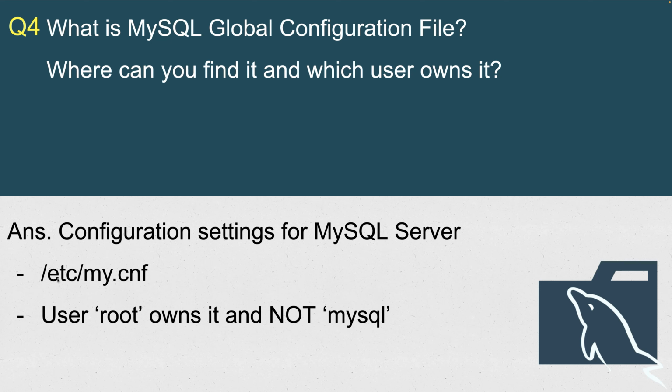So the configuration settings for MySQL as a whole are in my.cnf. This is called the global configuration file, and it is under /etc. Since this file is under /etc, the root user owns this file, not the mysql user. You need to remember this one.